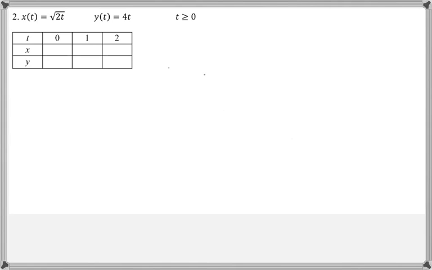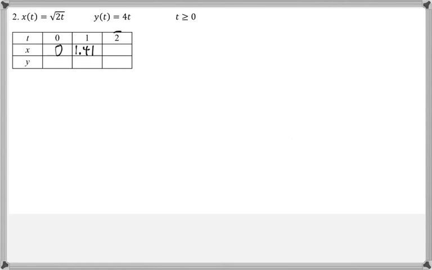So I want to plug in 0 into my x equation first, and square root of 0 is 0. Then I want to plug in my 1 into the equation, and square root of 2 times 1 is square root of 2, which is approximately 1.41.